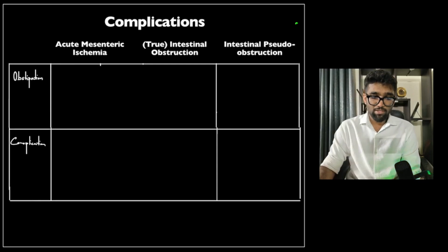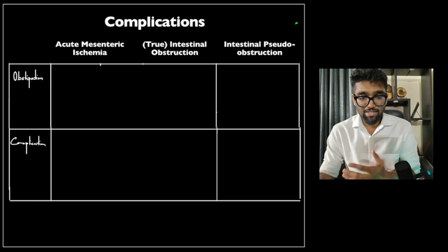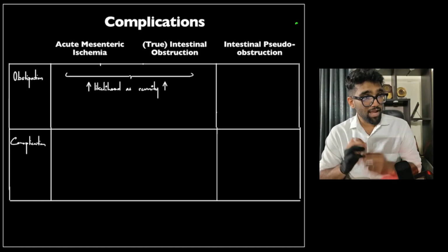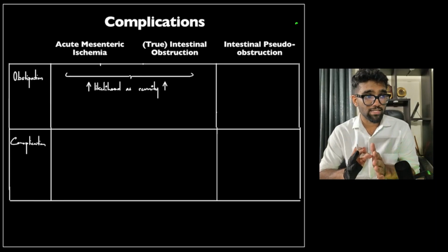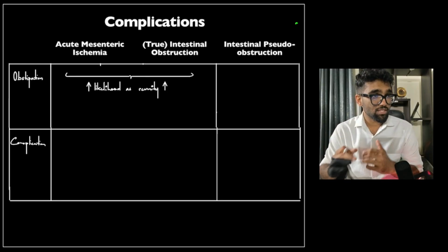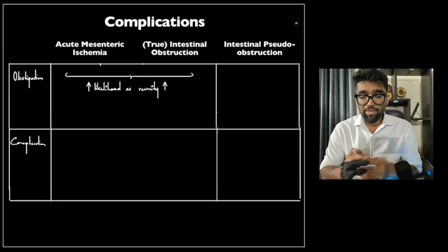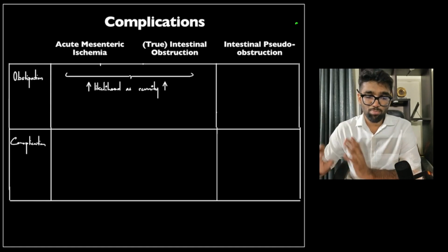Now, if these conditions are not relieved, this develops into complications. Obstipation refers to a clinical condition in which you are not able to pass even flatulence. That is, you are not able to pass gas, in addition to not being able to pass stool. Now, in case of acute mesenteric ischemia and intestinal obstruction, as the severity of the disease increases, the gastrointestinal motility is decreased to such an extent, and in the case of intestinal obstruction the obstruction is so severe, that if it is not relieved, it progresses to true obstipation.